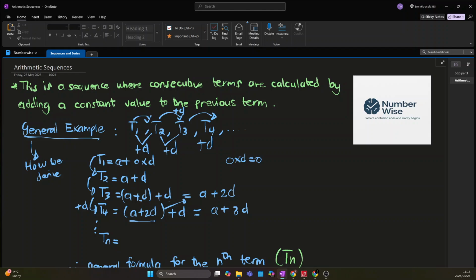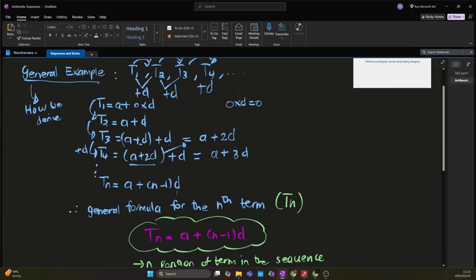Here the term number is 1, so we added 0. If it's 2, we add 1. So overall we're going to have A plus n minus 1 D. This is the entire pattern.